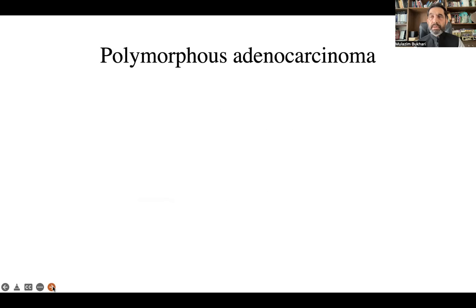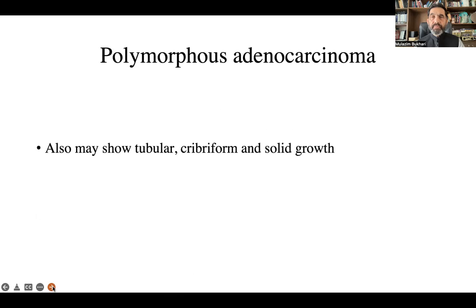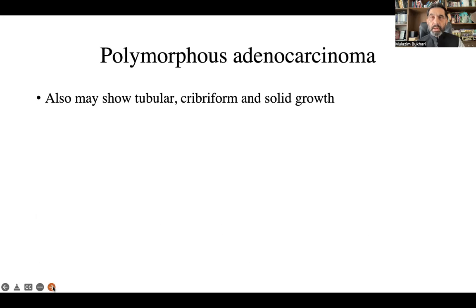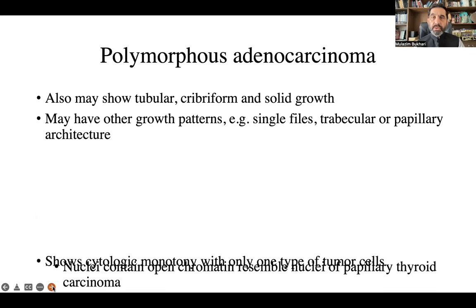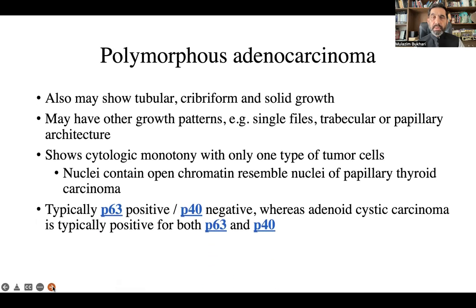The third important differential diagnosis is polymorphous adenocarcinoma. The clinician must know the history of slow growth of the polymorphous, and the histopathologist should know the histology of the two tumors. When you feel difficulty, advise the cytokeratin and immunomarkers.